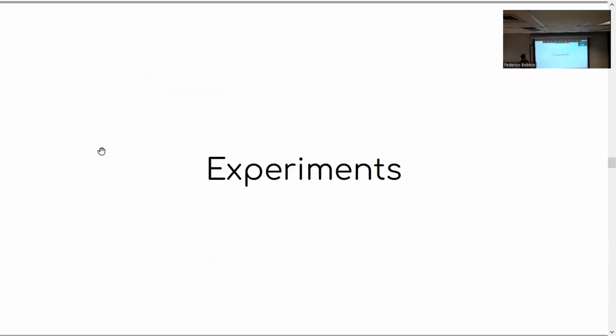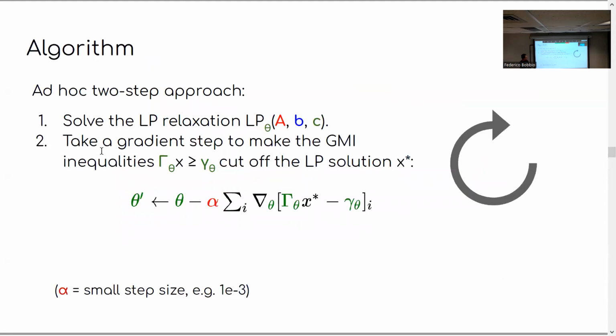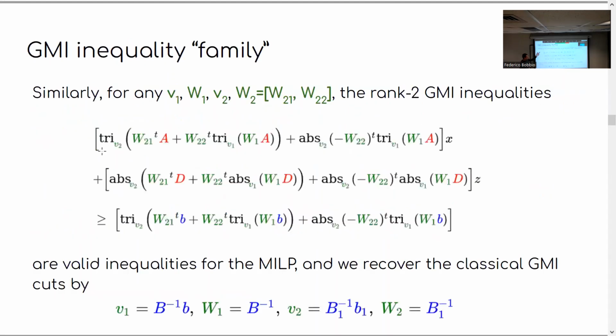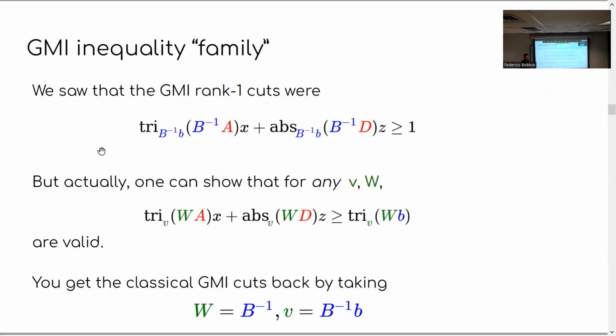Actually, you don't need to take the gradients with respect to the LP because I solve the LP relaxation, but then here I fix the LP solution. So I don't take the gradient with respect to the solution. I only take the gradient with respect to the cuts, and the cuts are these really ugly functions, basically.